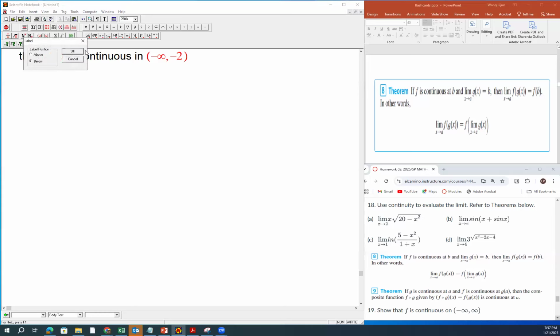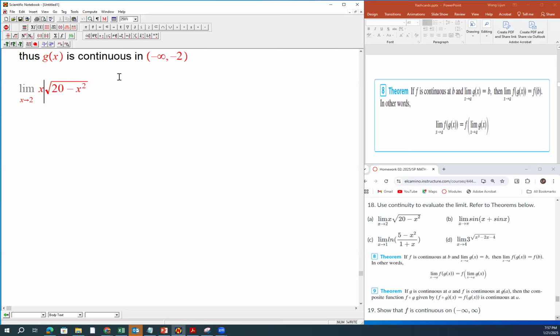So we have this limit here, x approaching 2, of the function x times the root of 20 minus x squared.